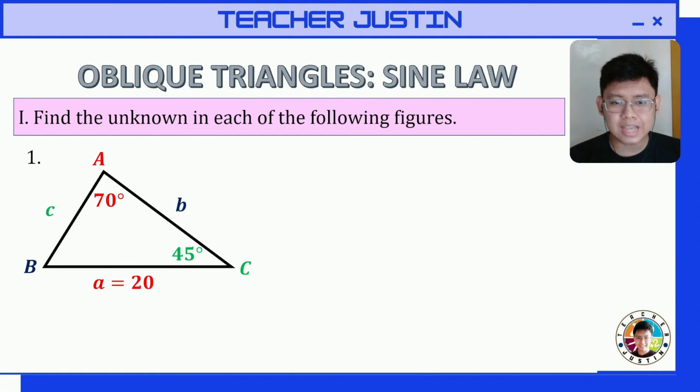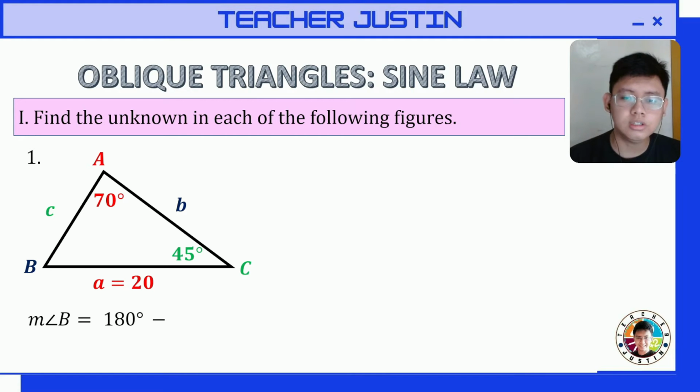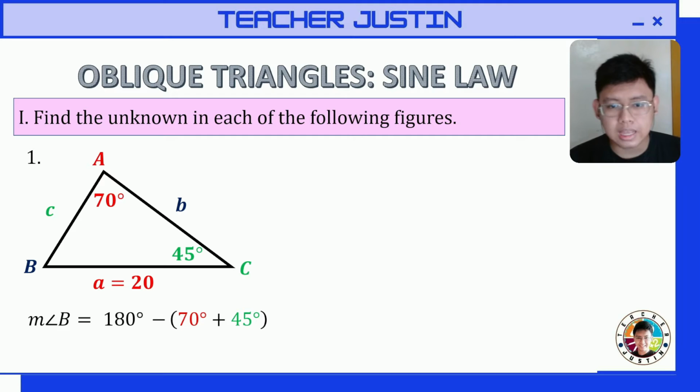Okay, let's have this example. Let's solve for the missing parts of this oblique triangle. So, first thing na gagawin natin, since we're given two angles and one side, we're going to first complete our interior angles. So, kunin natin yung measurement ni angle B. Now, let's solve for the measurement of angle B by 180 degrees, the total sum of the interior angles of our triangle, minus the sum of the given interior angles, 70 plus 45.